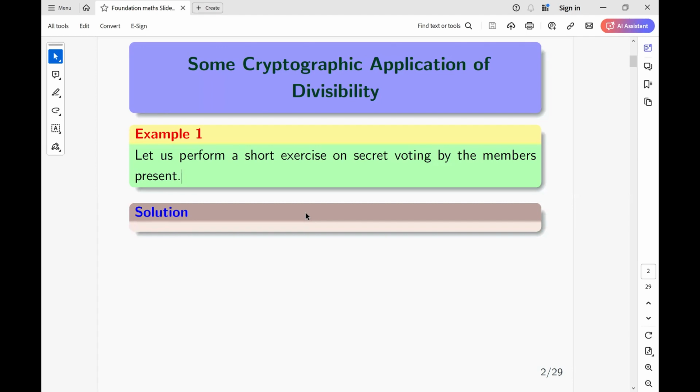Since we are 5 of us who are present, I'll give each of you a piece of paper. First of all, I'll write a secret number on a piece of paper and give it to the first person.